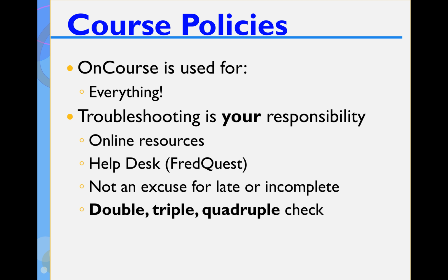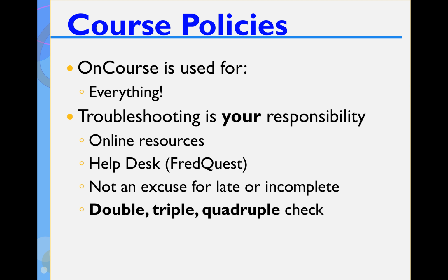OnCourse is used for everything. It's an online course. We can't get around it. But troubleshooting is your responsibility. There are a number of helpful resources. If you do have problems, we have the help desk, better known as FredQuest. There are online resources that are posted in our course. I can point you in the right direction.